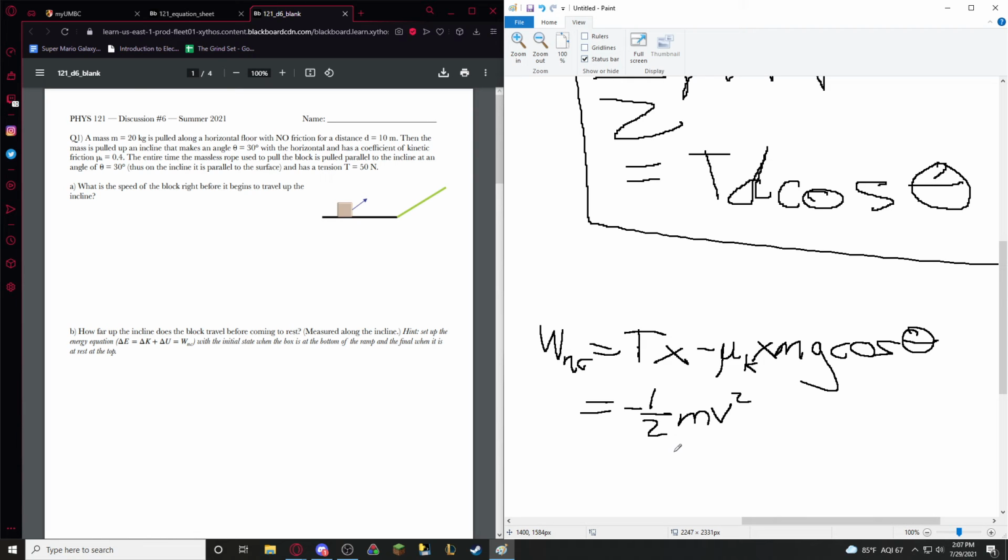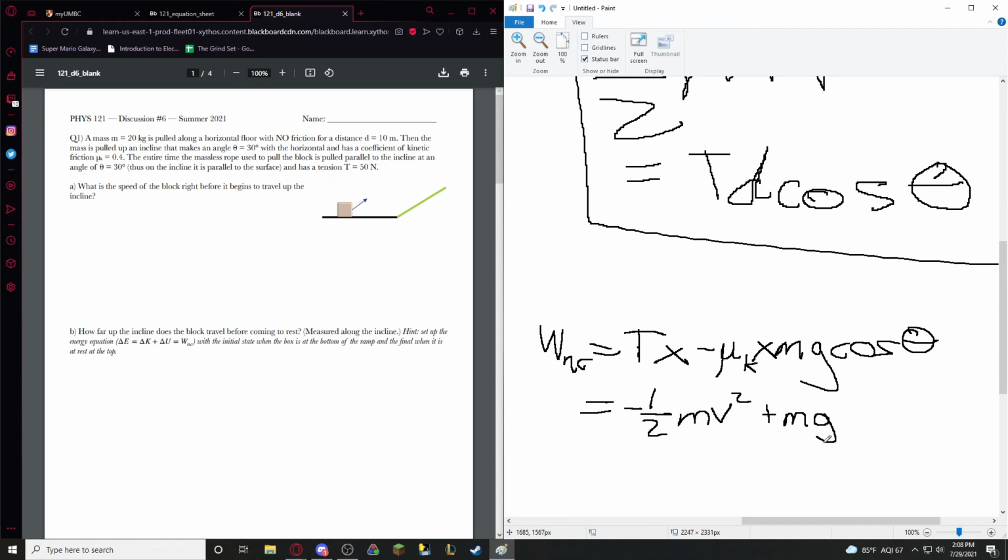What about the total change in potential energy? The potential energy would grow as it goes along the incline, so it would be positive mgh. And if we regard the bottom of the incline as being 0, then we could eliminate the initial.